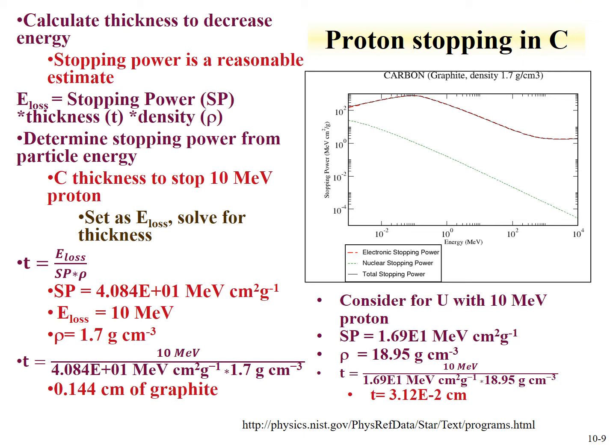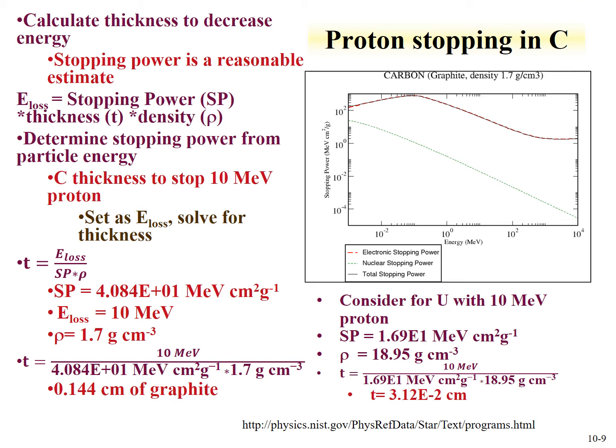I can do the same sort of equation with uranium. I look up the stopping power for a proton in uranium at 10 MeV, and I get 1.7 times 10 to the first MeV centimeters squared per gram. The density is much higher than I get for my carbon.